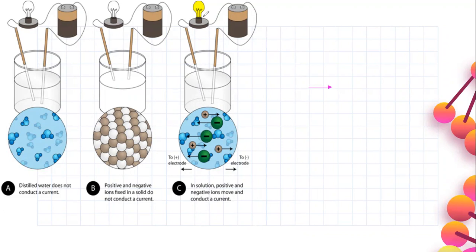What's the reason? It is because in the first one, we have distilled water, so distilled water doesn't conduct a current. In the second one, we have positive and negative ions fixed in a solid. It doesn't conduct current. But in the third one, we have a solution with mobile ions, so it conducts current.